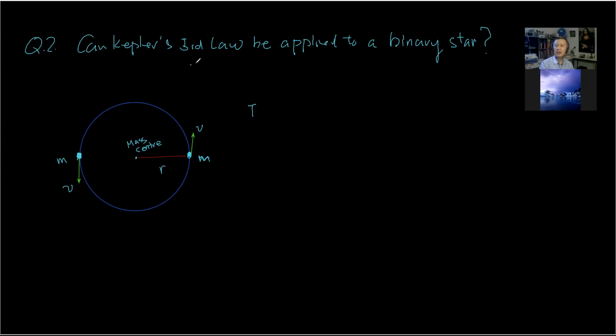When you prove that, in the meantime you also check whether this particular law is valid for this binary system. So you can use the formula itself, the law itself.